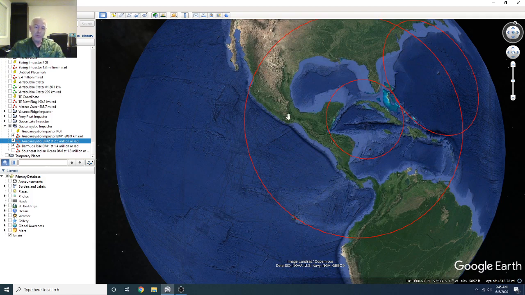Chicxulub is responsible for these ridges right here. Imagine that. So when we go around and we're saying that the Earth doesn't have any evidence of impactors anymore because they've been withered away, you better guess again, because you're wrong. A great amount of continental mass on our planet was shaped by these meteors and asteroids.